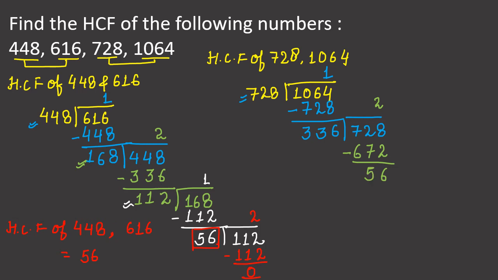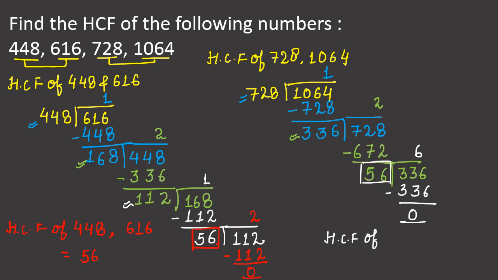Now divide 336 by 56. 56 sixes are 336. Subtract them. Remainder is 0. So here the last divisor is 56. Therefore HCF of 728 and 1064 is 56.